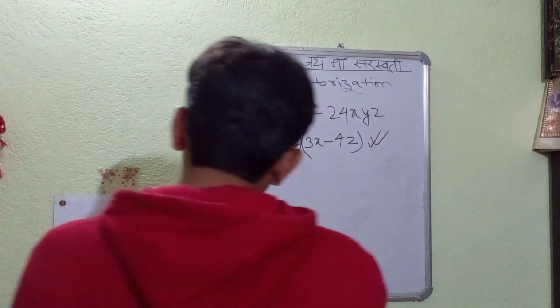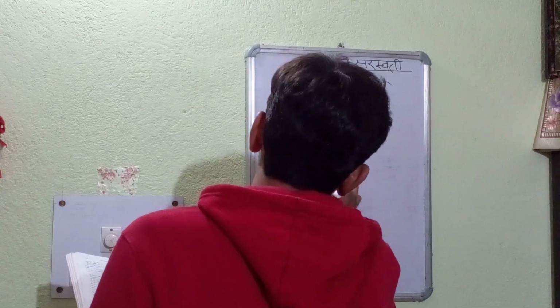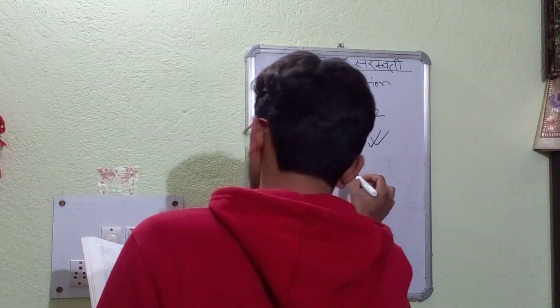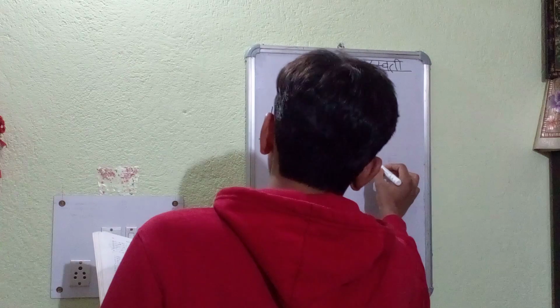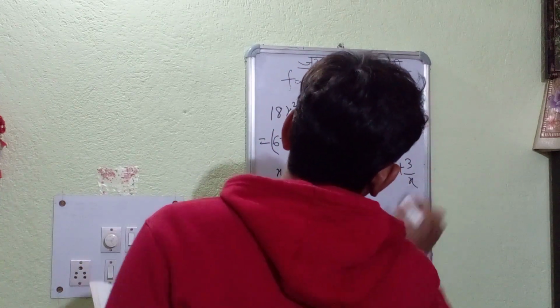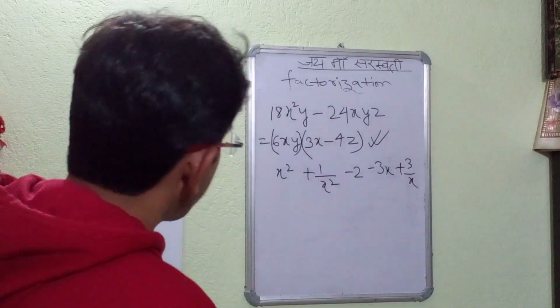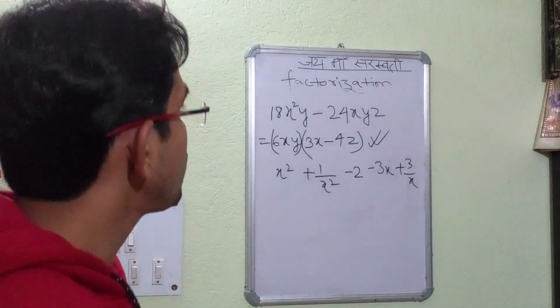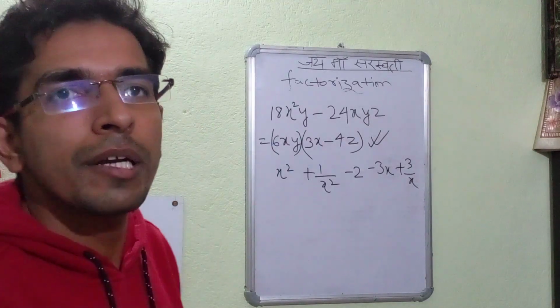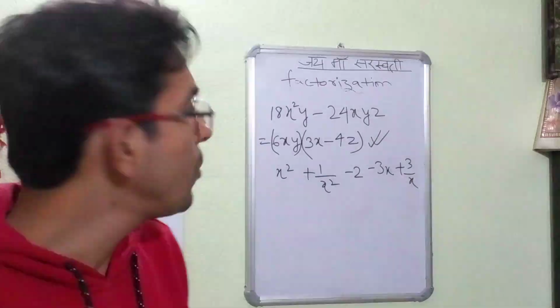Now the second sum is x square plus 1 by x square minus 2 minus 3x plus 3 by x. Understood? We have taken one numerical and we will solve it with the concept of our earlier induced formulas, a minus b the whole square or a plus b the whole square.